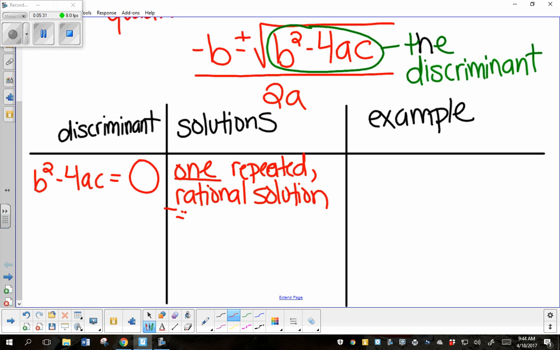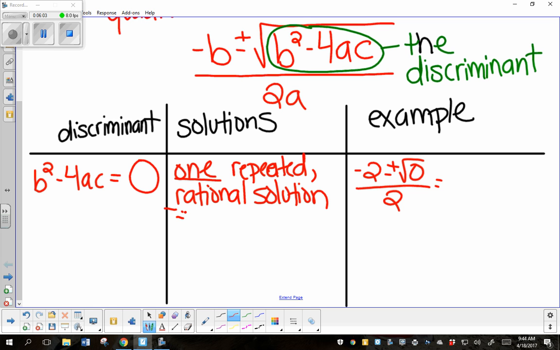So an example of that would be, let's say your quadratic formula looked like this: -2 plus or minus the square root of 0 over, let's just say a is 1. So on the bottom we have 2 times 1, so just 2. So this is a little example of what it would look like if that happened. Well, it would be -2 plus or minus, what's the square root of 0? 0.